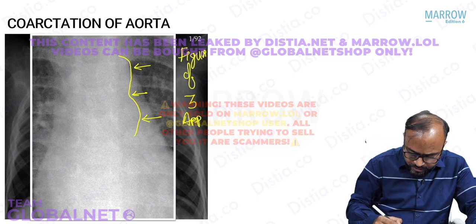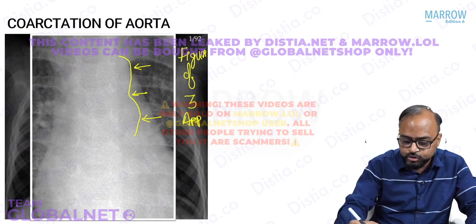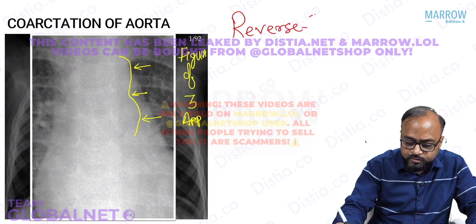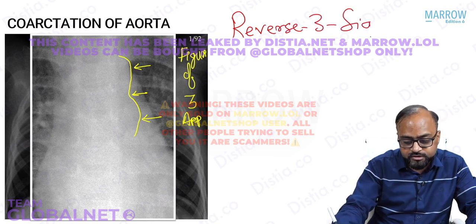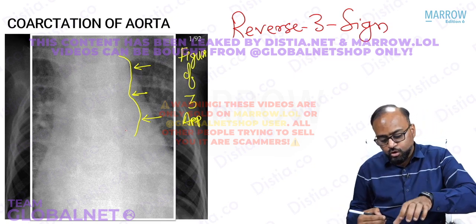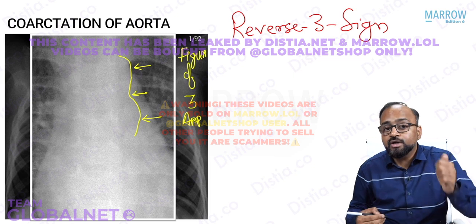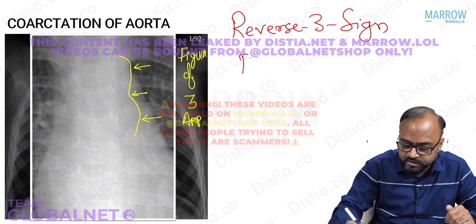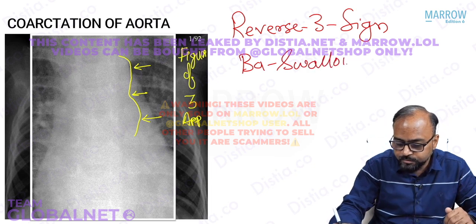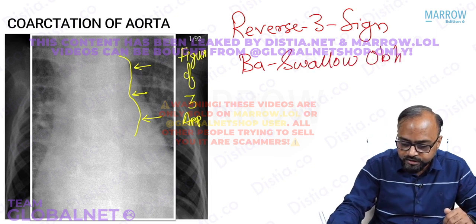Now, another sign which has been described in coarctation of aorta is called the reverse 3 sign or reverse 3 appearance. What happens? Because there is a 3-shaped contour of the aorta, if I do an oblique projection barium swallow study, what is going to happen?